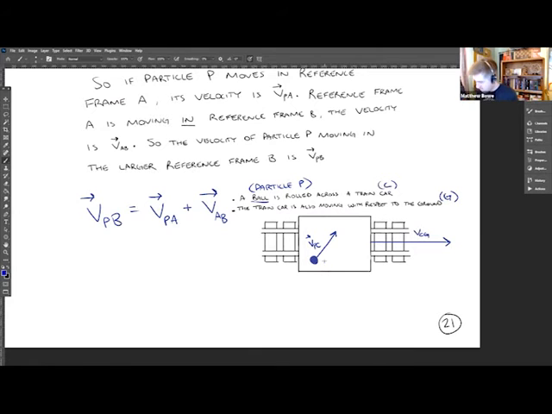Okay, so let's add these two vectors together. And we are going to figure out how fast the ball is moving to someone standing out here on the ground, looking at the ball on this bigger reference frame.